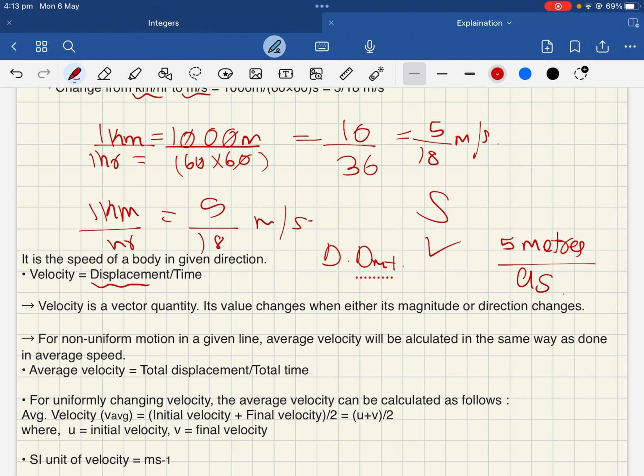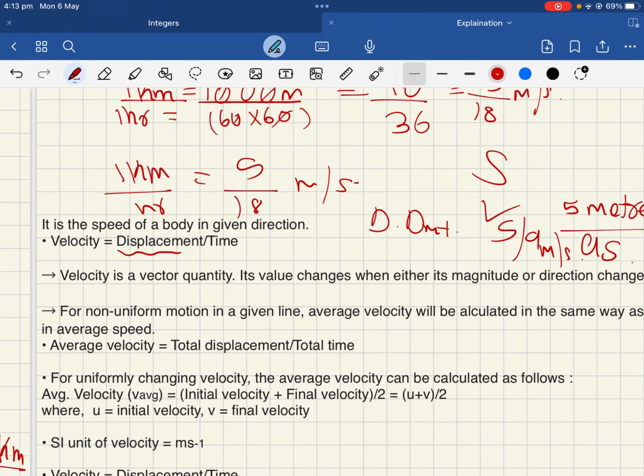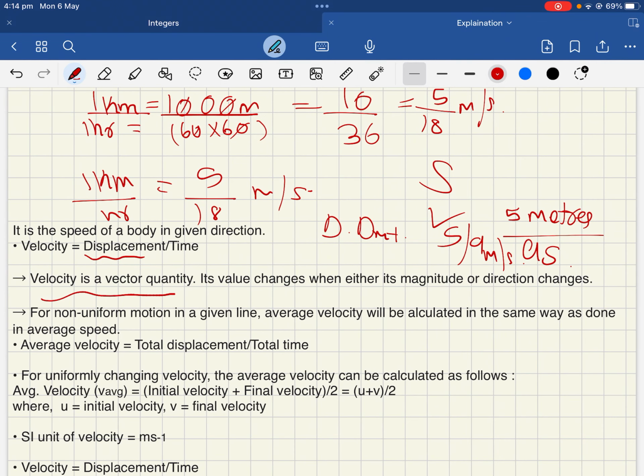So the velocity will be 5 by 9 meters per second. Velocity is a vector quantity. Its value changes when either its magnitude or direction changes.